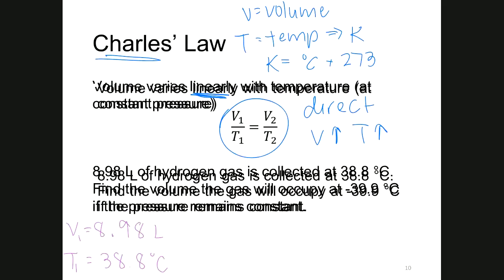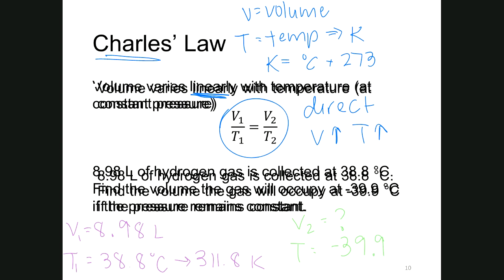And again, you should notice this is in Celsius. We need it to be in Kelvin. So we're going to add 273. So 38.8 plus 273 equals 311.8 Kelvin. We want to know what the new volume will be, so V2, if our new temperature is negative 39.9.